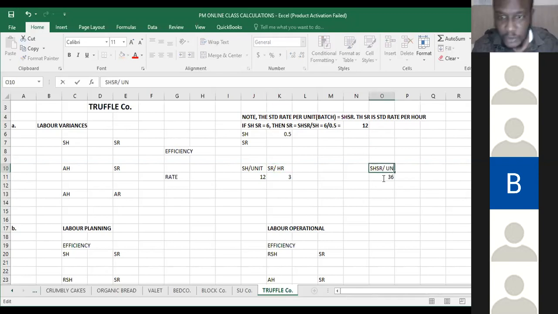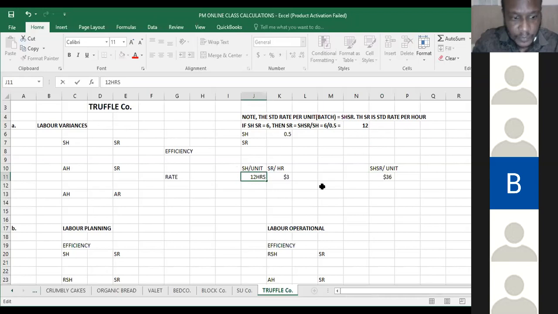Now, this one is in dollars. You have to see this thing in your mind. This is in dollars. And this is in hours.